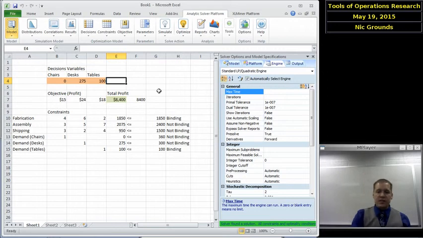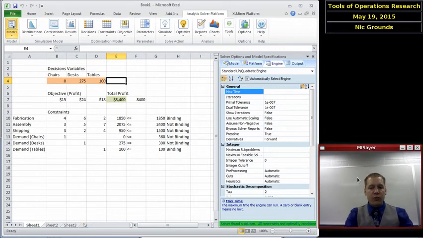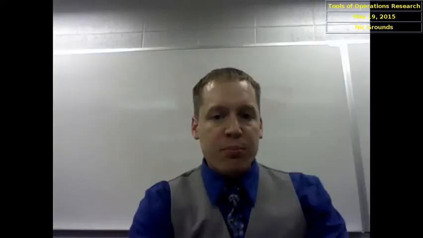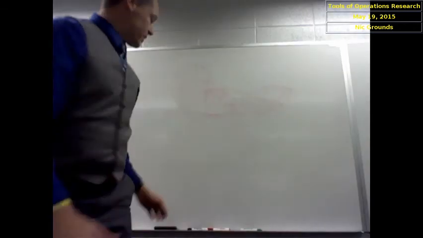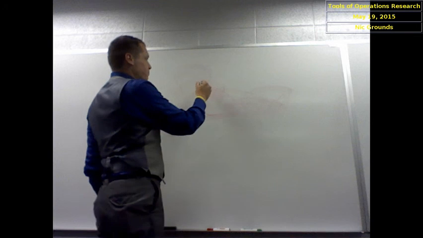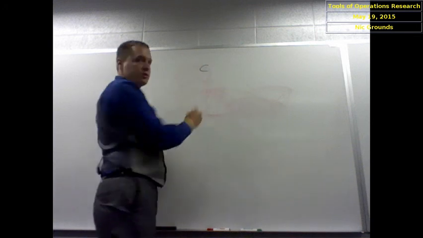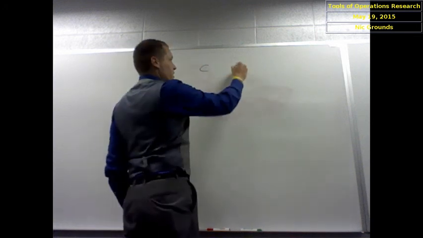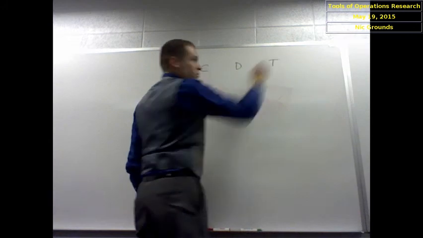Now, to represent that constraint, I'm going to go to the whiteboard behind me and show how you can compute it. Let's say our decision variables are the number of chairs, the number of desks, and the number of tables.